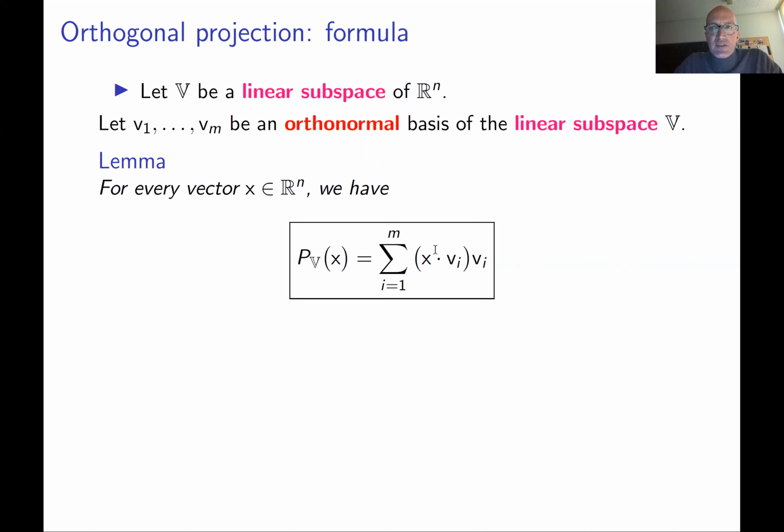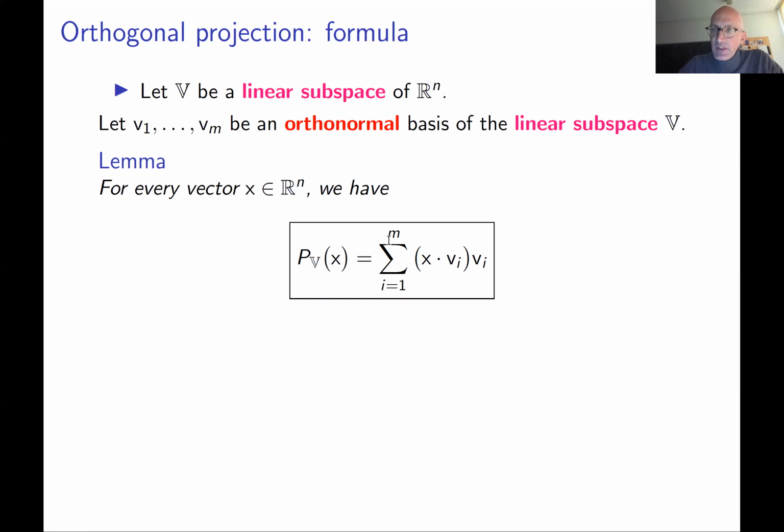I should stress that this is an actual explicit formula. If you know vectors v1, v2 up to vm, this formula gives you the formula for orthogonal projection in coordinates. So if you manage to find an orthonormal basis of your subspace V, you can translate the sum into coordinates, and you get a very explicit formula.